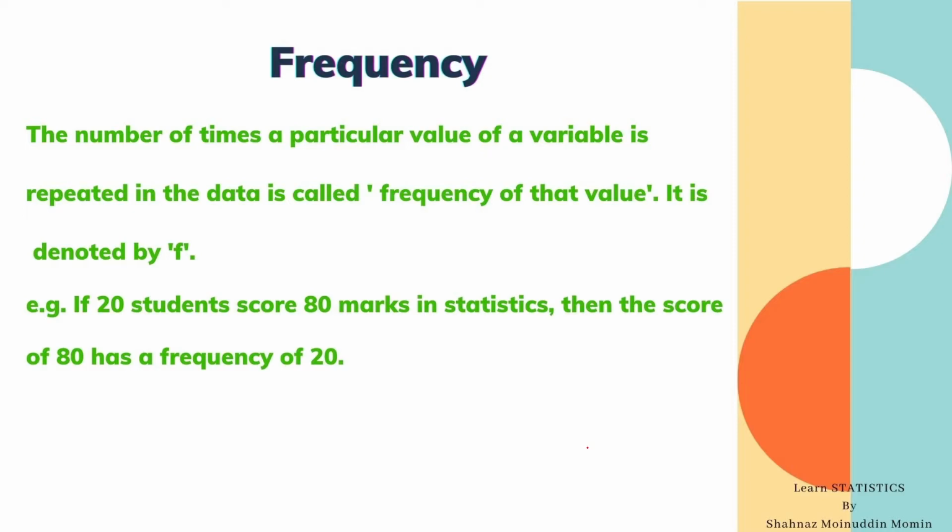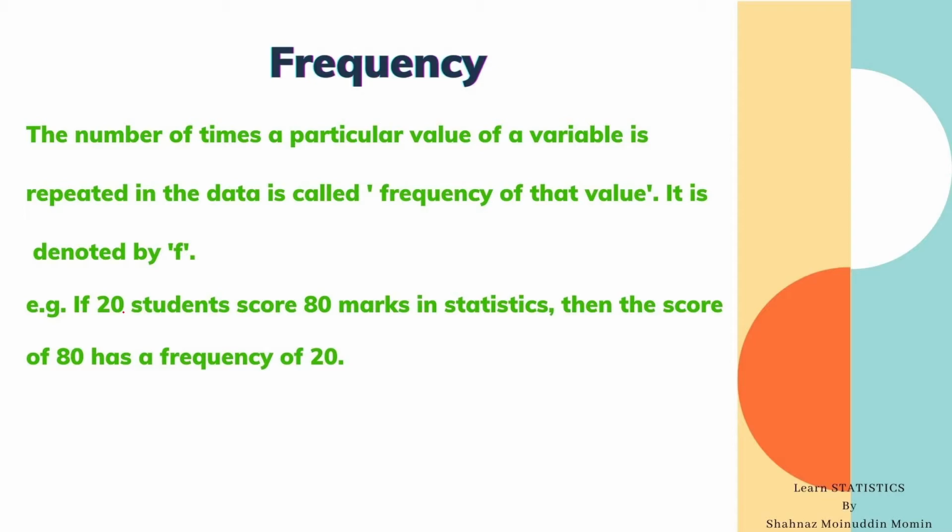Next term, frequency. The number of times a particular value of a variable is repeated in the data is called frequency of data. We know that if we have a data, then some numbers are repeated, and that repeated number is called frequency of that value.